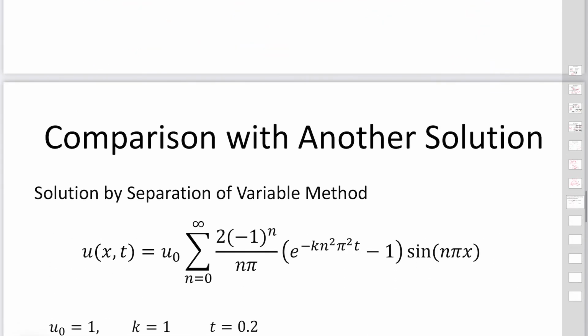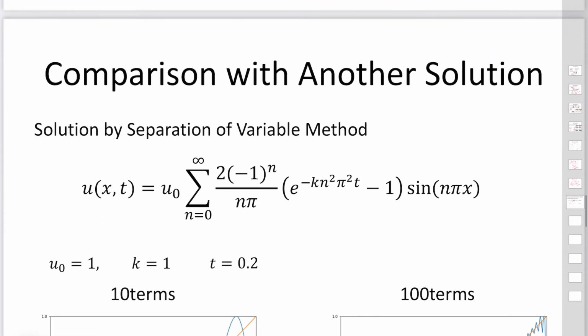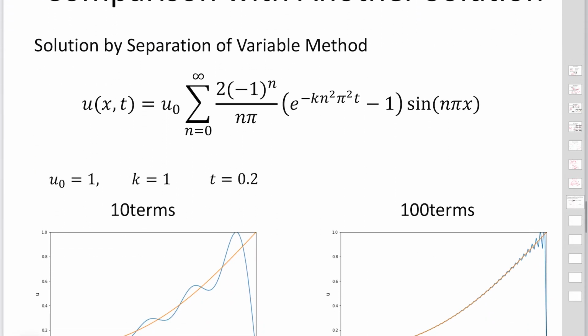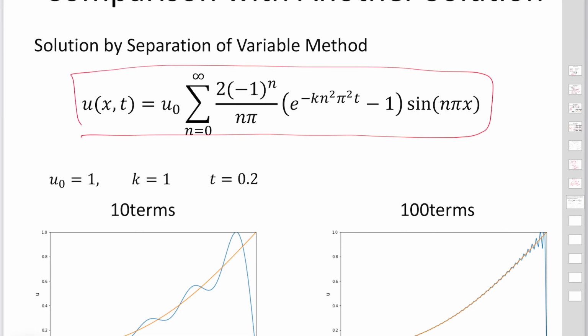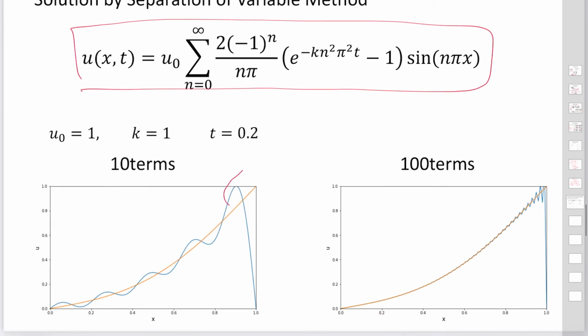Then we'd like to compare the two solutions. I show that if you use the separation of variables method, this is the solution, expressed by the blue curves. And the orange color is the solution given by the error functions.